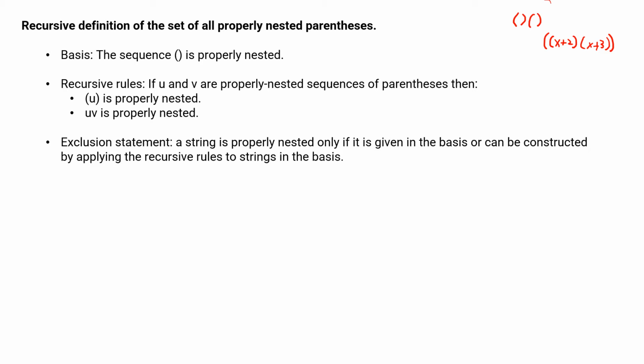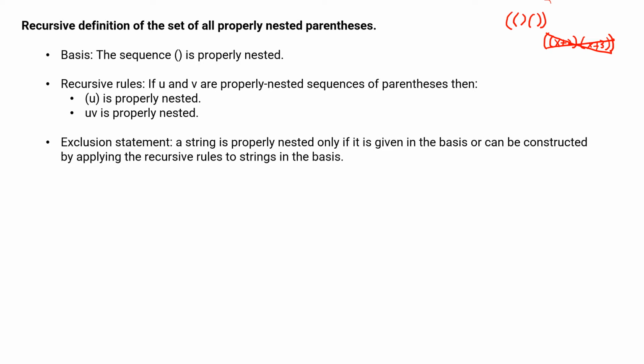So maybe I would have something that looks like that. Now, again, all we're looking at are strings made up of only parentheses. So we're not going to be looking at mathematical factors and things like that, okay? It's just strings of parentheses, and we're going to somehow be able to define by a recursive definition when we've got properly nested parentheses or not.